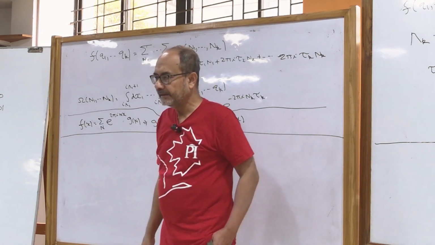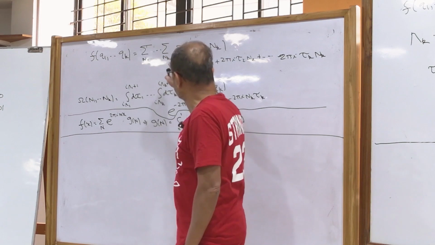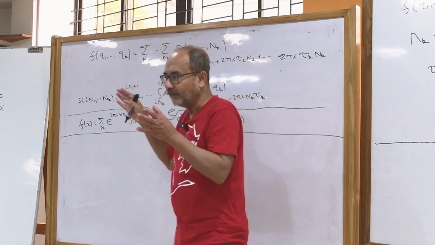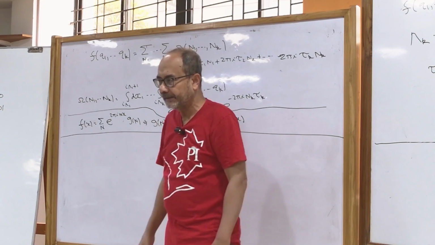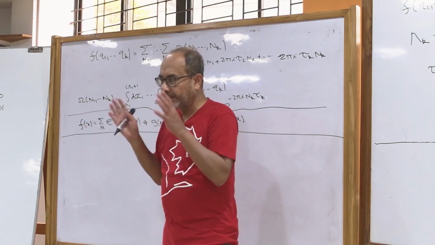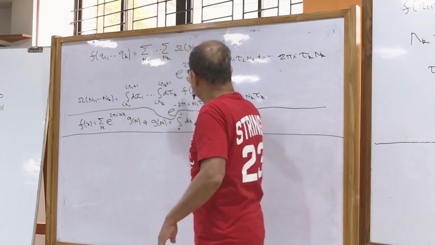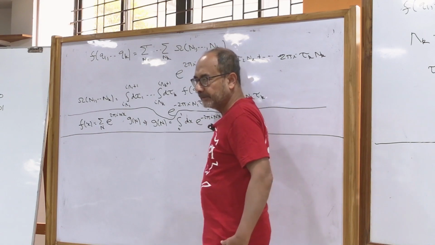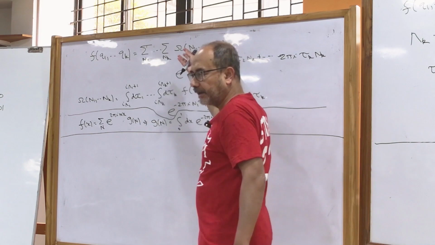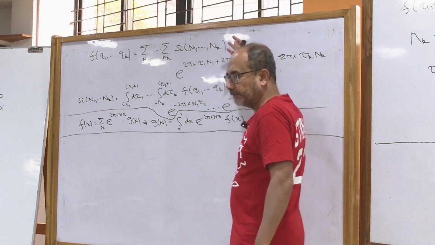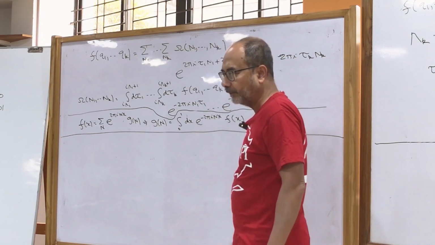Is this clear? Because in order for this to converge, you have to make sure that the summand falls off for large n, since you are summing over n all the way to infinity. And that can be achieved by taking tau 1 to have a large imaginary part. Similarly, tau 2 to have a large imaginary part, then the n2 dependent part will fall off, and so on.